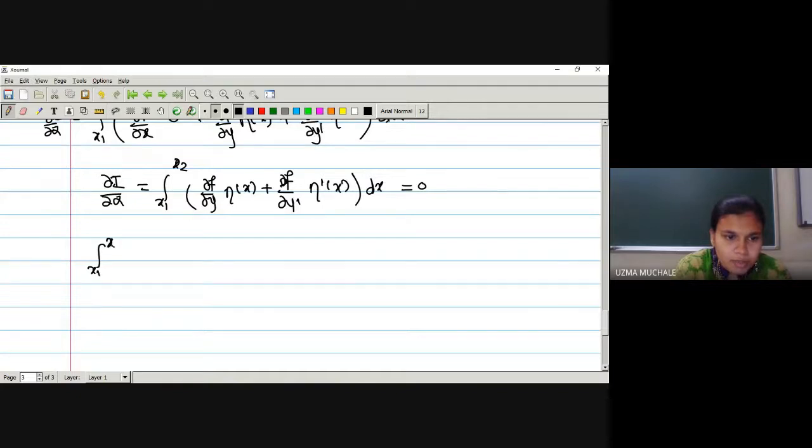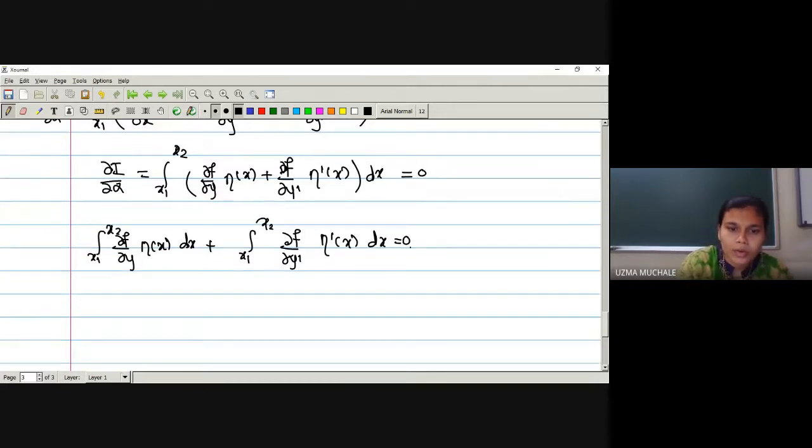Integration x1 to x2 ∂f/∂y η(x) dx plus integration x1 to x2 ∂f/∂y′ η′(x) dx is equal to 0. Okay.